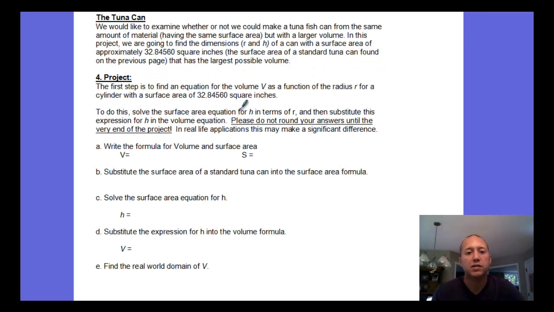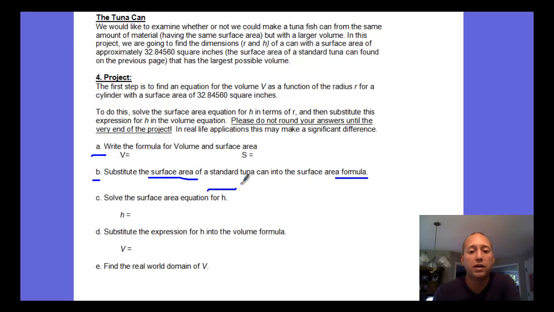So this kind of gives you some hints on what you're going to be getting here. So here in A, we're just writing down the formulas from the previous portion, kind of starting with a base value there, just the variables. B, we're going to substitute the surface area value of the standard tuna can, so what you just found in the previous problem, into the surface area formula. So you're going to actually put in the number for surface area and leave the rest variables.